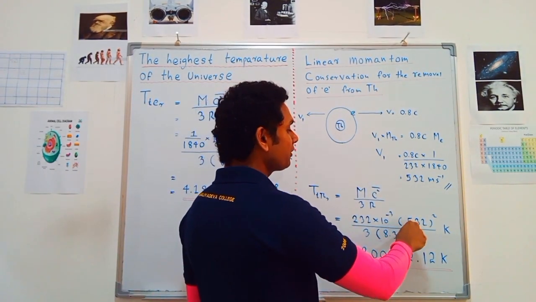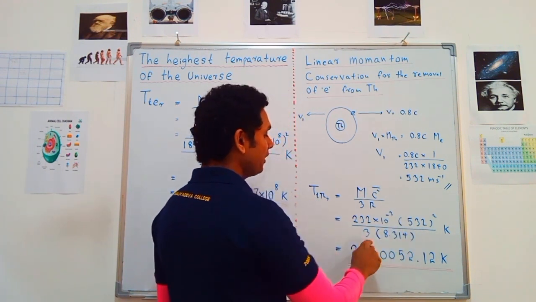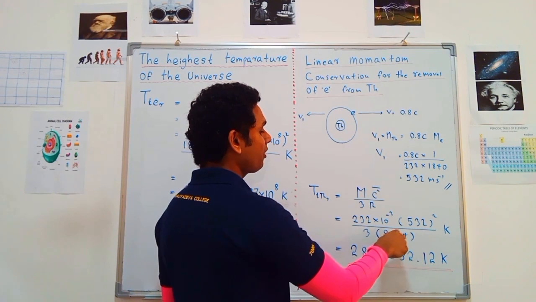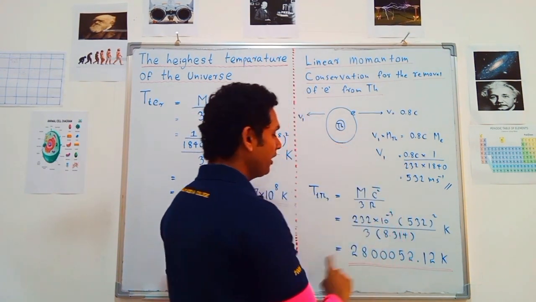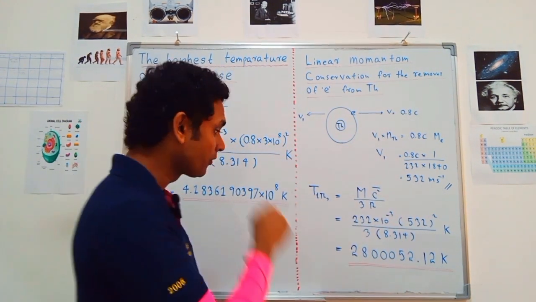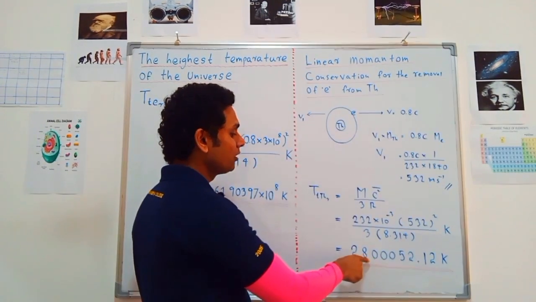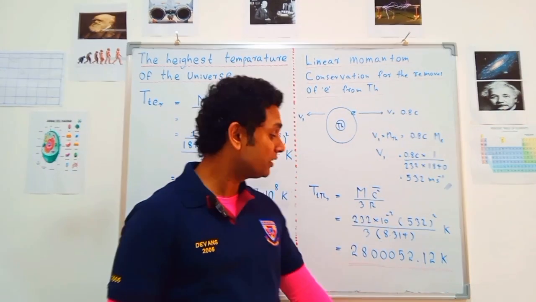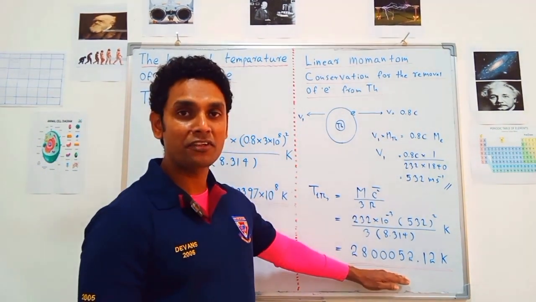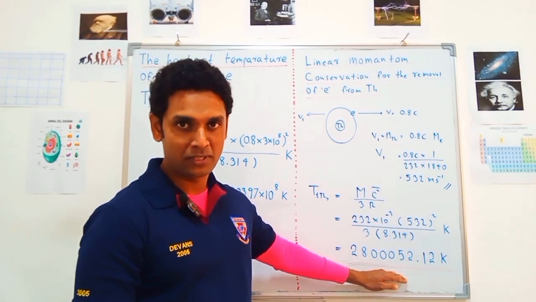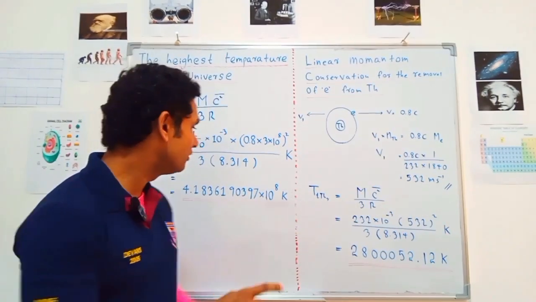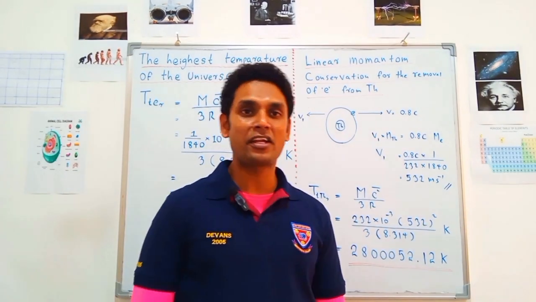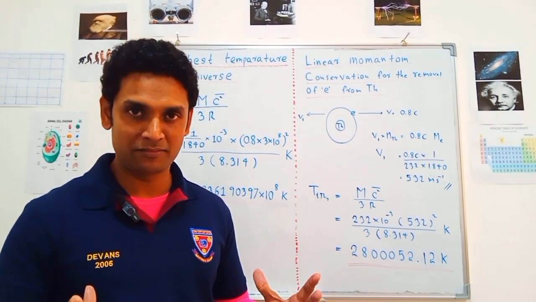The speed is 532 squared, divided by 3 multiplied by the universal gas constant 8.314. Finally, the calculation will come like this: 2,800,052.12 Kelvin. So this is the real temperature of thorium that it can achieve. For now, these two temperatures can be considered as the highest temperatures that we can observe in the universe.